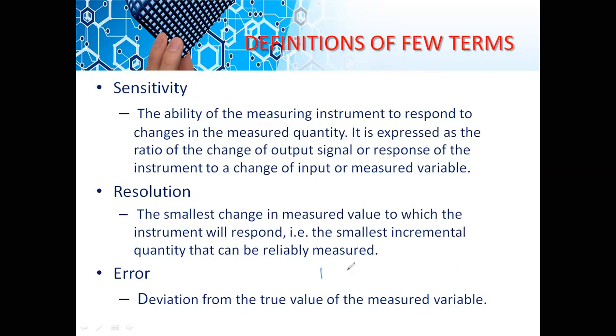Say the true value is 2 volts, but my meter is showing 1.6 volts. Now error is the difference between the measured value and the true value. That means 1.6 minus 2. It is 0.4. So 0.4 is the error that the meter is showing.